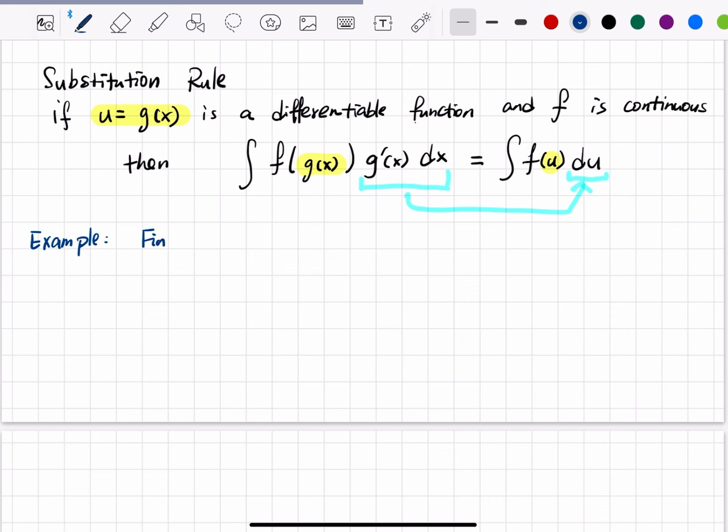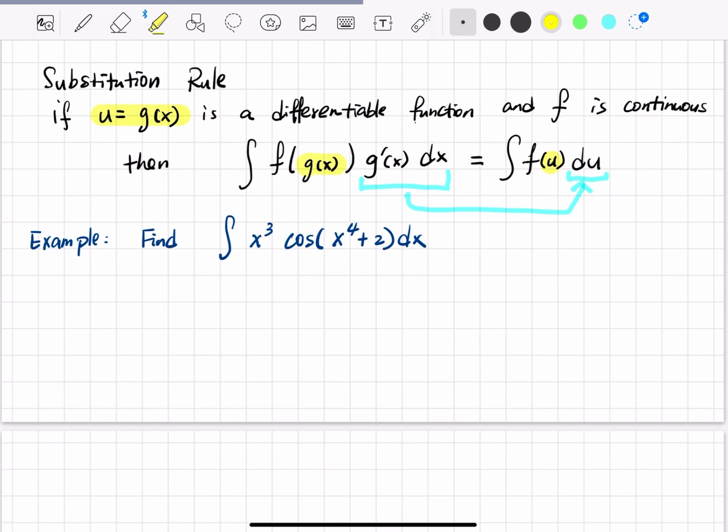Let's find the integral of x cubed cosine of (x to the fourth plus 2) dx. First thing, you probably already see that we have a cosine function, a trig function. But normally when we have cosine, we just have cosine of x or cosine of theta.